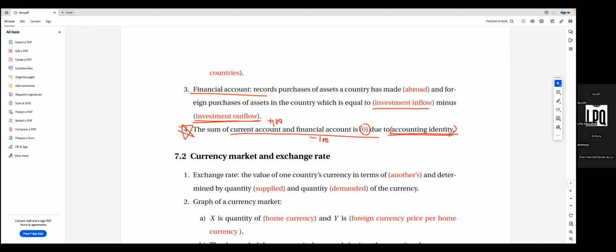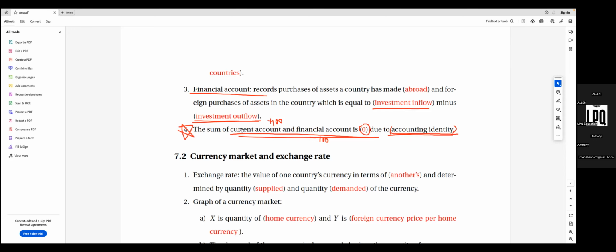So for this moment, we just memorize this principle so we can save a lot of time. I don't want to dig deeper into accounting stuff. Just remember the current account balance and financial account balance together must be zero. Then we finish BOP.